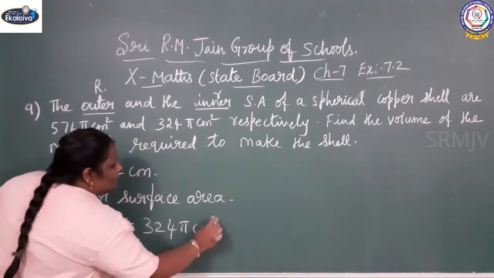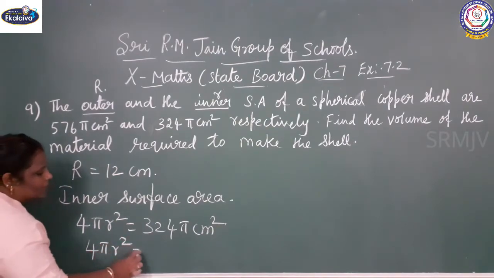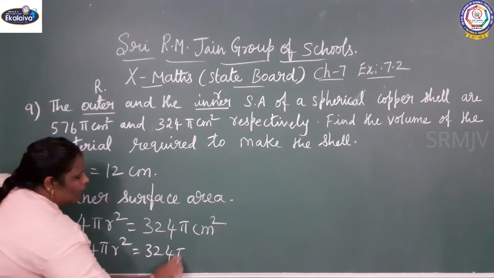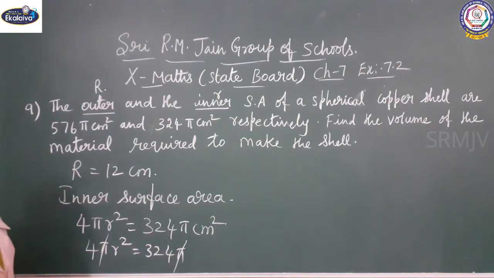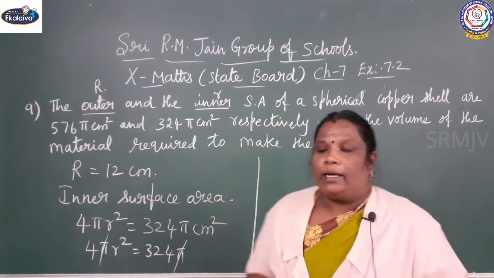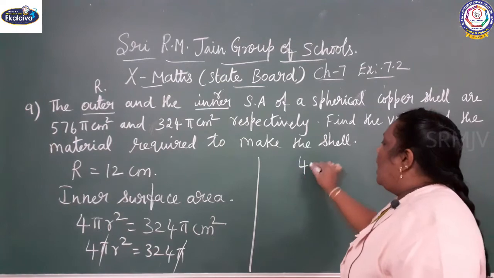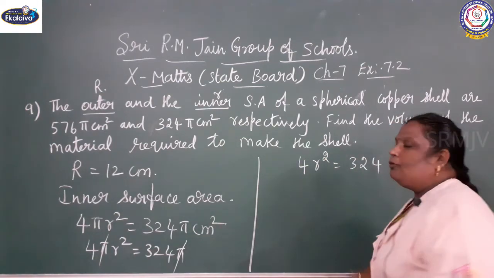Pi gets cancelled. 4 r square equal to 324.